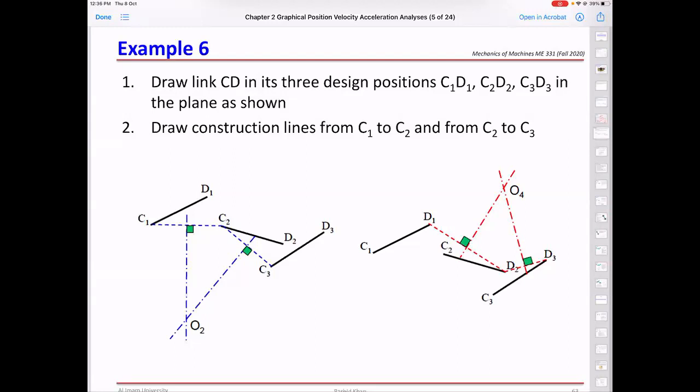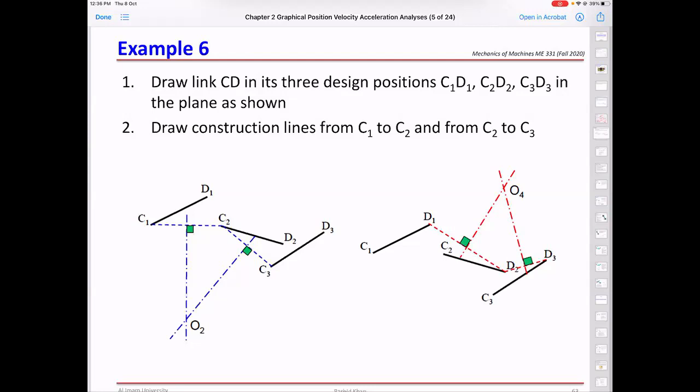Here again the initial conditions are not given, so we need to assume them. What is the initial dimension of the link C1 D1? What is its initial location? And then for C2 D2 and C3 D3, it's up to you.